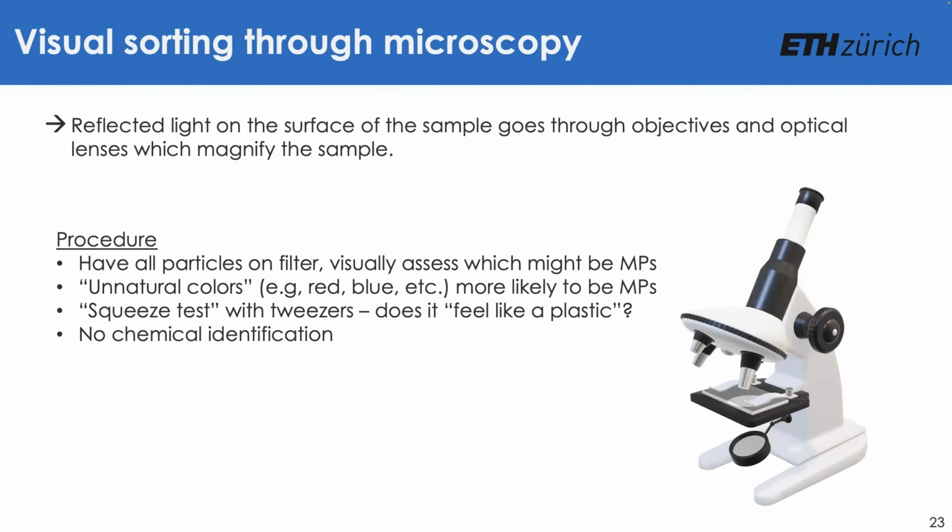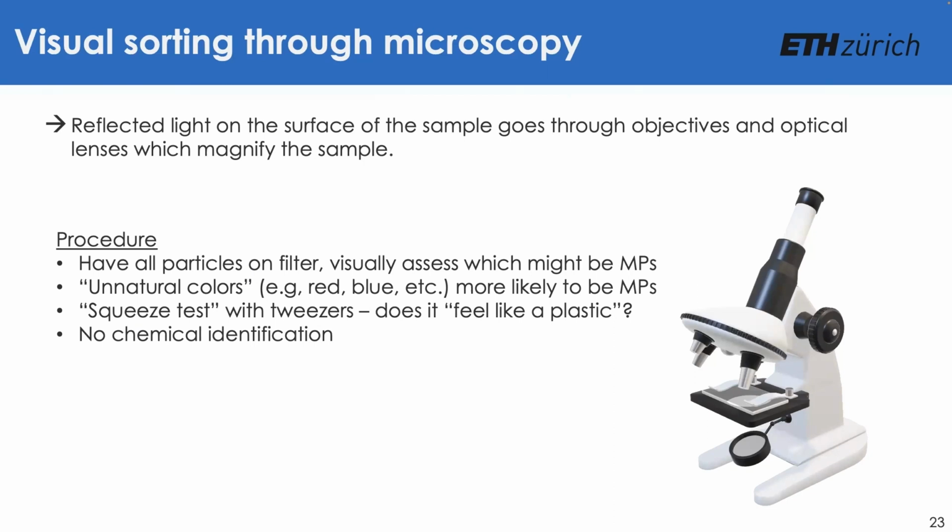And people are just looking for unnatural colors to see if you have a particle which is blue or red or pink or something like this. And then it would be suspected to be a microplastic, or testing it with tweezers to see if it feels like a microplastic. But of course, this doesn't give you any chemical characterization and identification. So it's not a very good and scientific approach to just use optical microscopy.